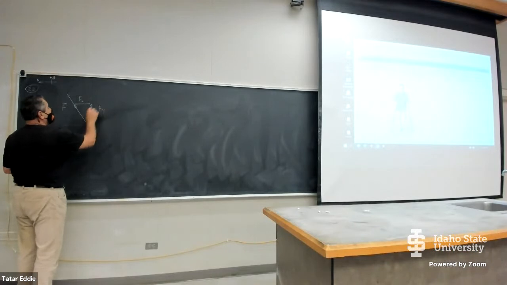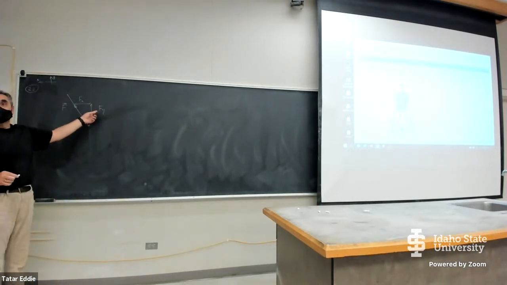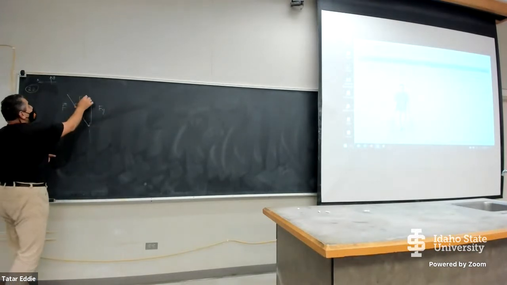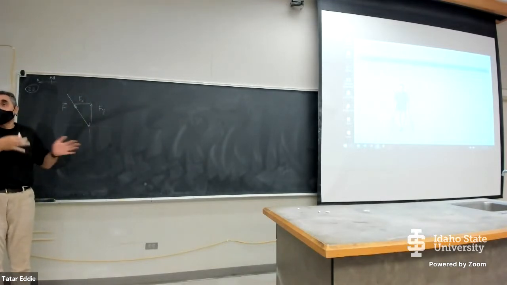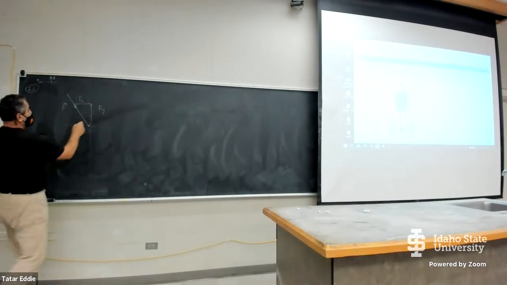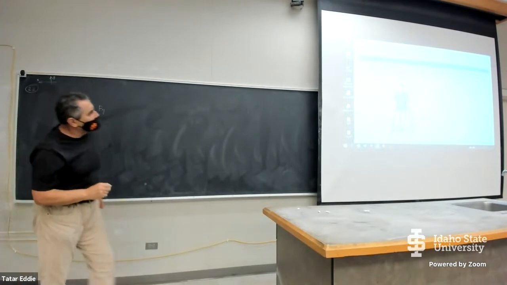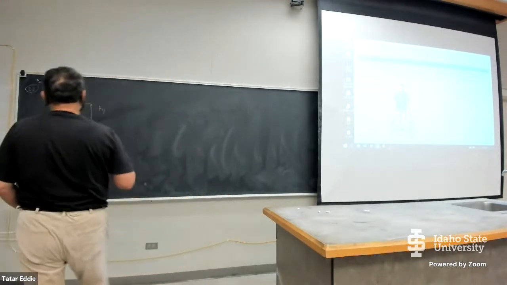This force, how do you identify this force? Normal. How do you identify this force? Friction force. And it is static because you don't want the stuff to move. So call this angle, they call it theta.